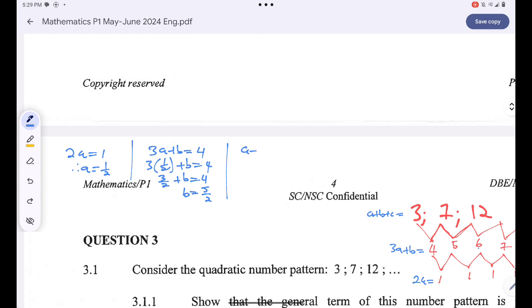Then a plus b plus c should give me the first term of the sequence. A is a half, b is 5 over 2, we don't know the value of c. This will be 3 plus c equals 3. Therefore, c is equal to 0.